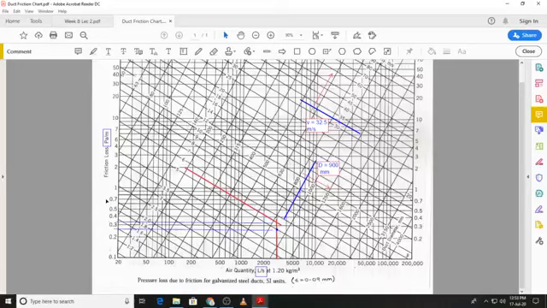What it means is that if I'm going to replace that rectangular duct with a circular duct such that the pressure drop remains the same, what should be the size of that circular duct, and you can see that the circular equivalent diameter will come out to be 446 mm.